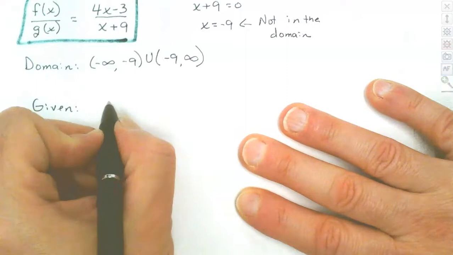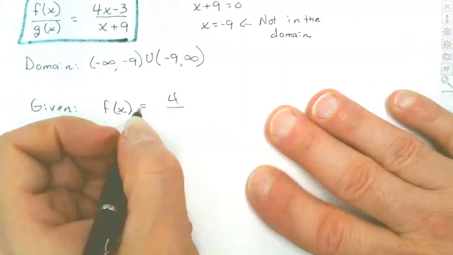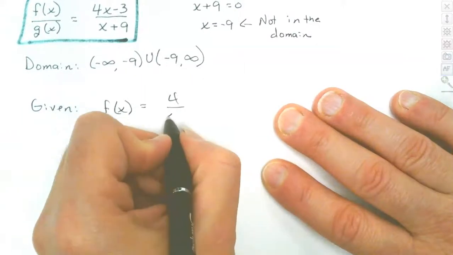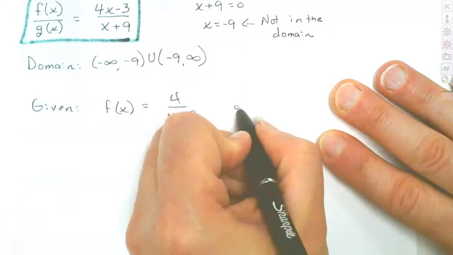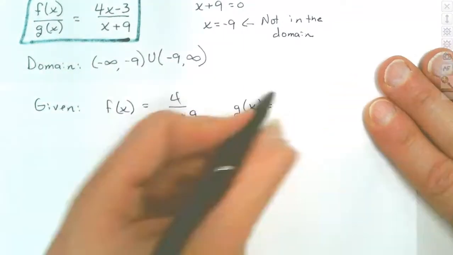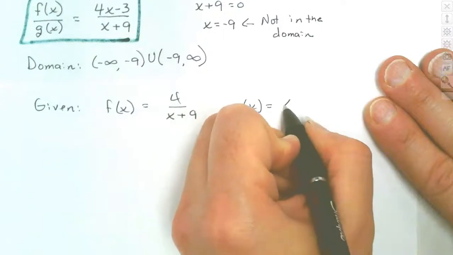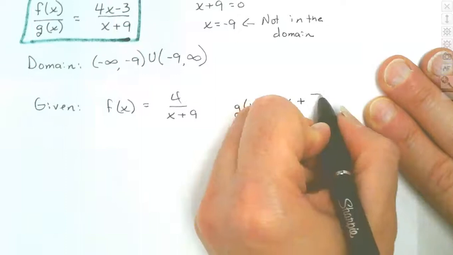Let's say you're given f of x is 4 over x plus 9, and g of x is x plus 7.